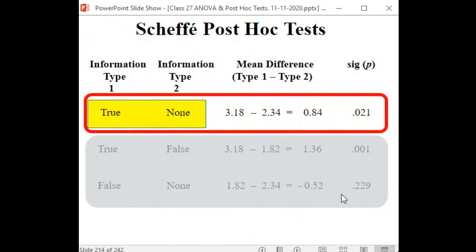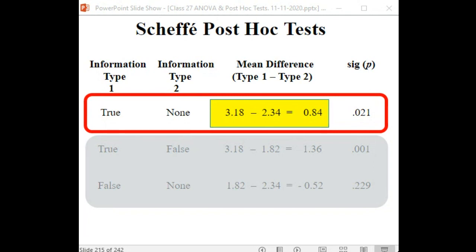So let's look at the difference between the means. 3.18 minus 2.34 equals 0.84. So the difference between these two means is 0.84.